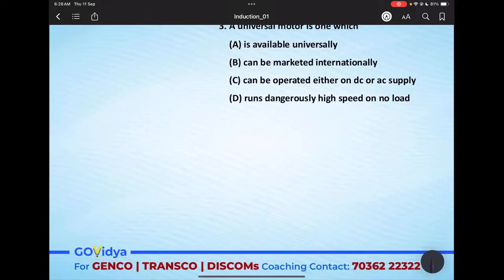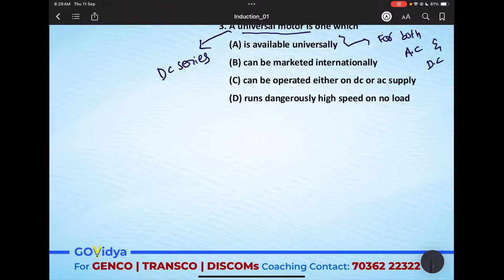The next question is given as: a universal motor is one which... So what is meant by universal motor? In our theory concept you might have studied, universal motor is nothing but the motor that can operate on both AC and DC. In general it is a DC series motor with some modification in construction.